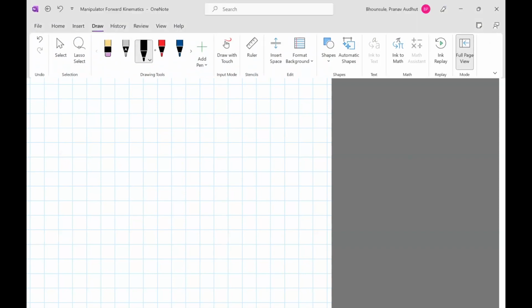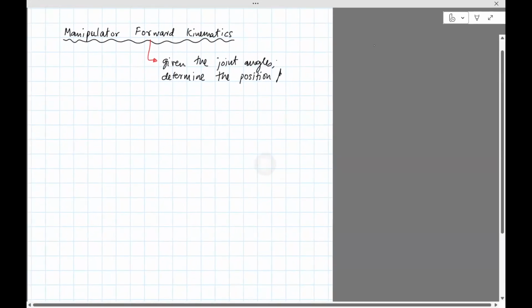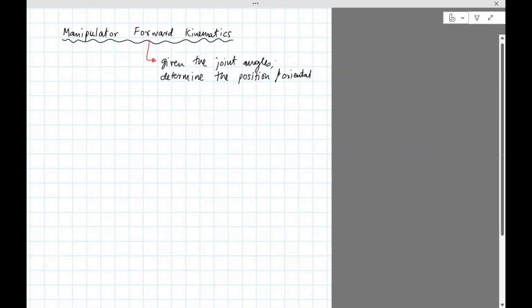So forward kinematics is: given the joint angles, determine the position and orientation of the end effector, which is a fancy way of saying basically your hand. Okay, why we need it? Because we want to use the hand eventually to grip.